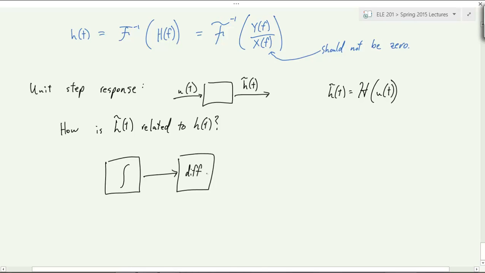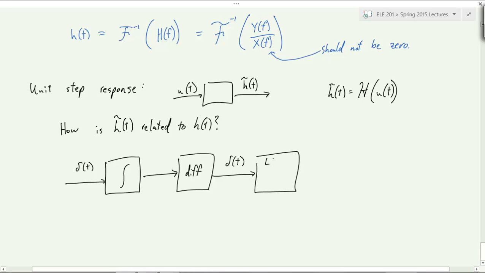So if we put in anything here, x of t, then we get x of t back out, because these are inverse systems. Now what we want to do is actually put in delta of t here. Then we'll get delta of t out. We always get the same thing in and out there.